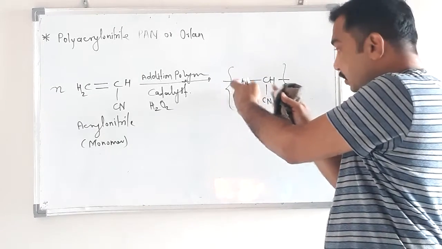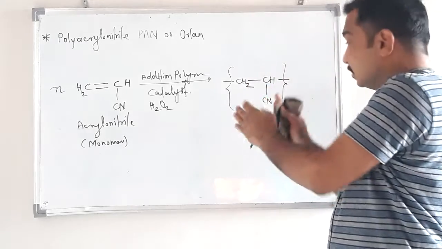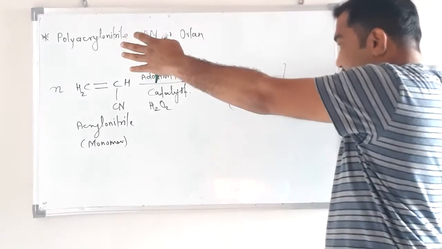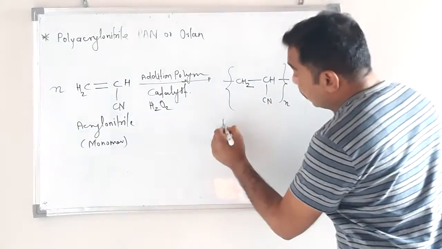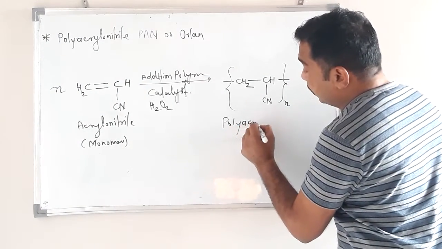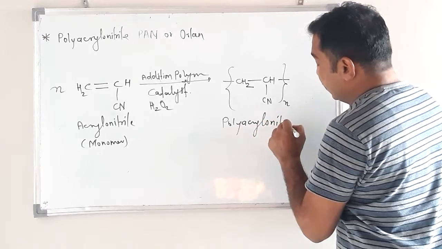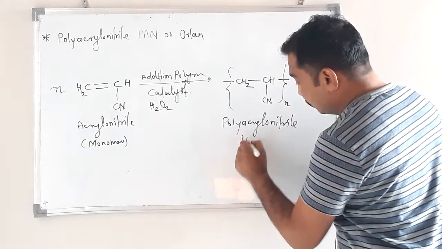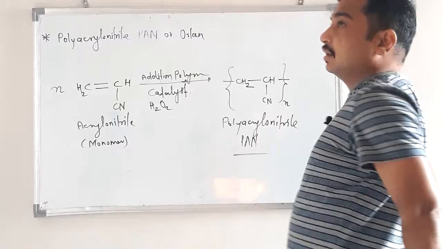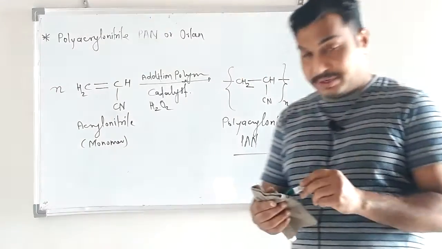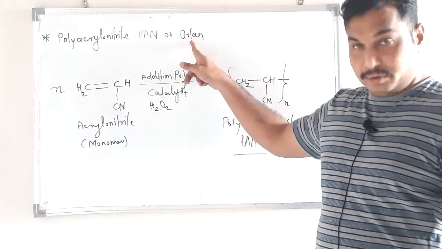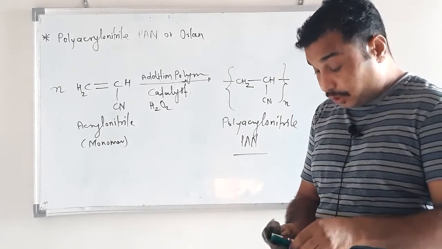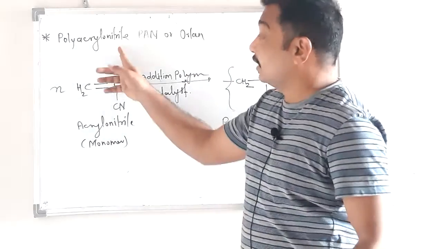This is the repeating unit, CH2 CH bond CN, and this portion gets repeated throughout the chain. So this is polyacrylonitrile, or PAN. It is also known as Acrilan, Orlon.